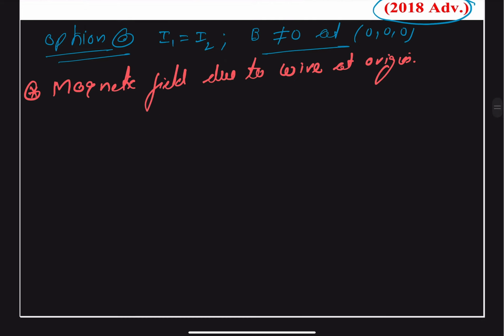We have two wires. First is our wire at x is equal to plus r.